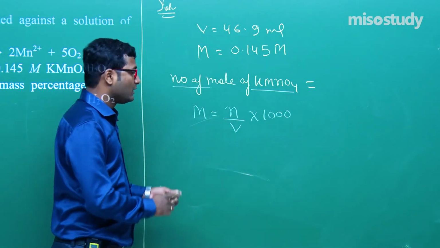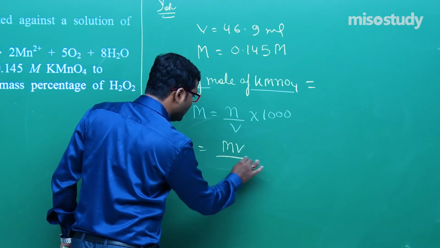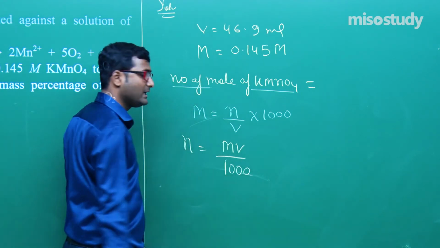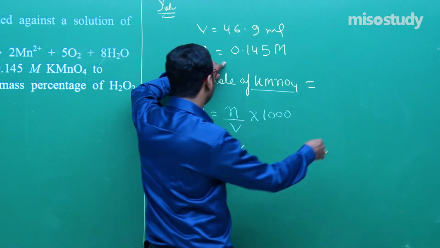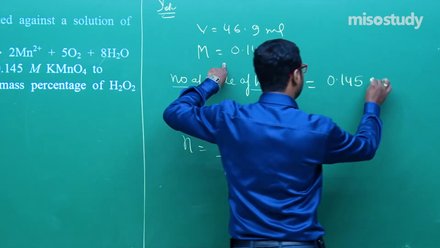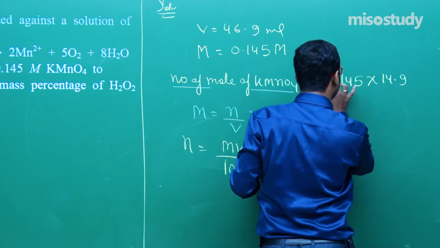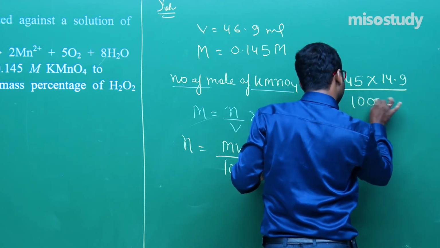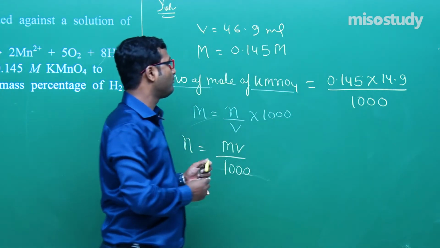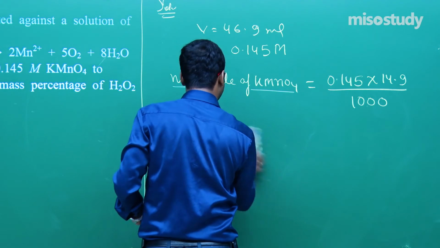So n is equal to M into V upon 1000. Is it clear to you? Now put the values: number of moles is 0.145 multiplied by V, 14.9, divided by 1000. This is the number of moles of KMnO4. Clear? Now compare with the standard equation.